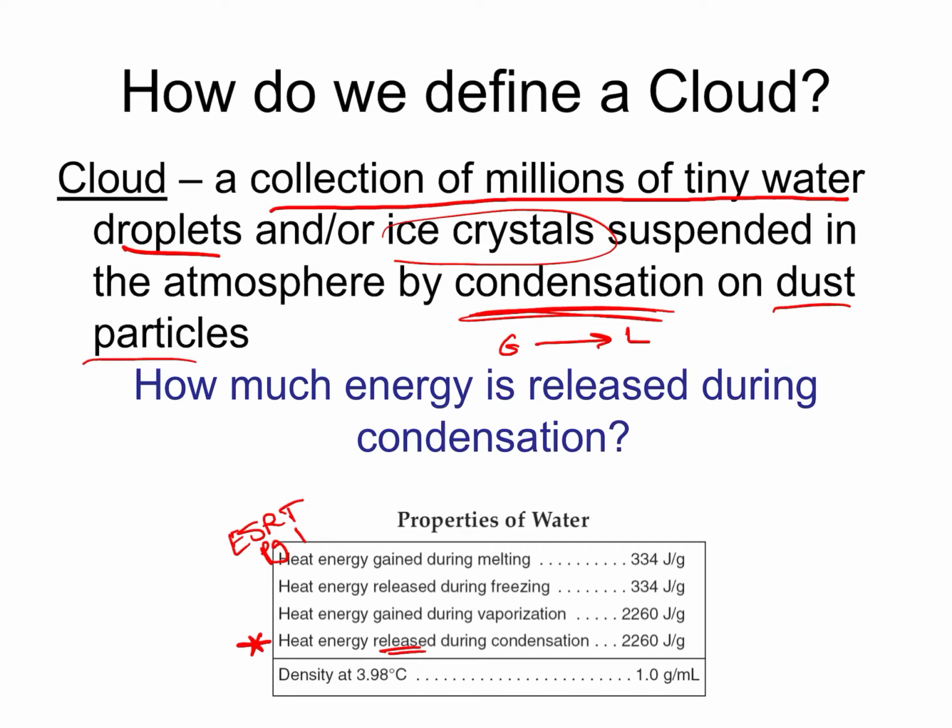In order for condensation to occur for 1 gram of water, it must release this much energy per gram. So it's basically getting colder by that many joules in order to convert from gas to liquid.